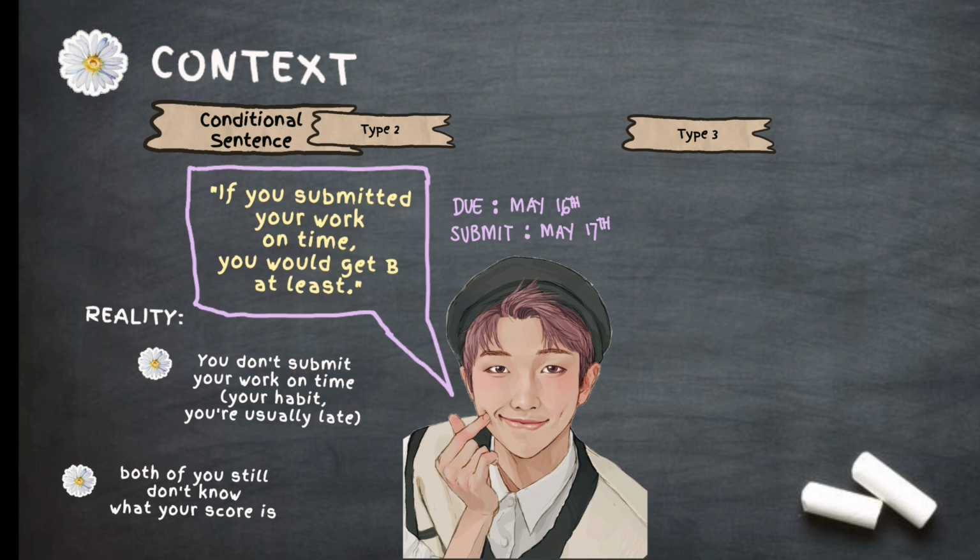At the moment your teacher is speaking to you, it is May 17th, so your teacher is imagining if you submitted yesterday, the day before, it means it's still possible for you to at least get B. But then the fact is you did not submit it on time. So you don't know what your score is. Your teacher also doesn't know because she or he hasn't corrected your work.